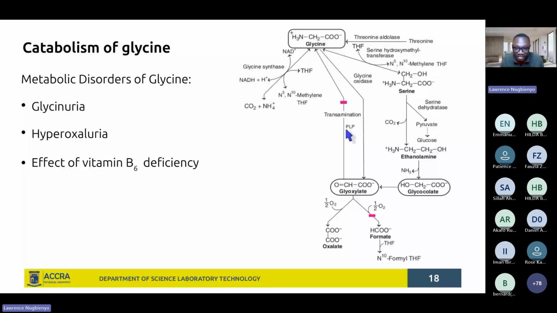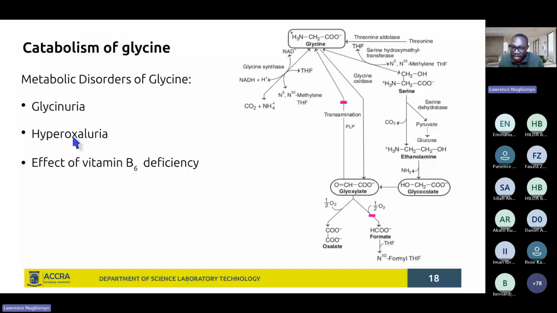In the end, you will have what is referred to as hyperoxaluria. Once you are having accumulation of glycosylate, that glycosylate will now have only the path of producing oxalic acid or oxalate, which will be excreted in urine. That is why you are having what is referred to as hyperoxaluria.